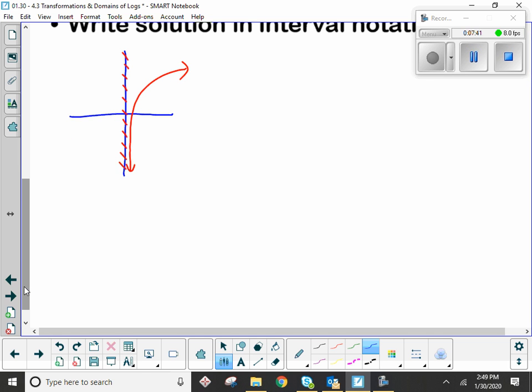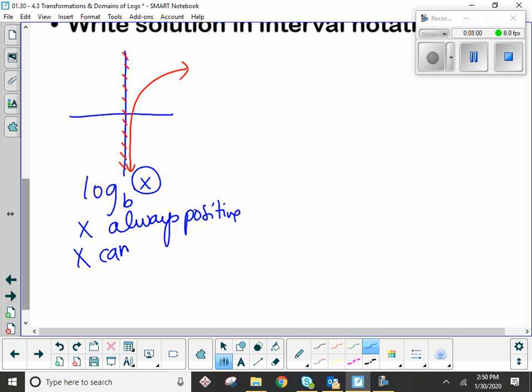No, right? So we could say that for this function, log base b of x, whatever's here, x is always positive, right? It's never negative. And also can't be 0.